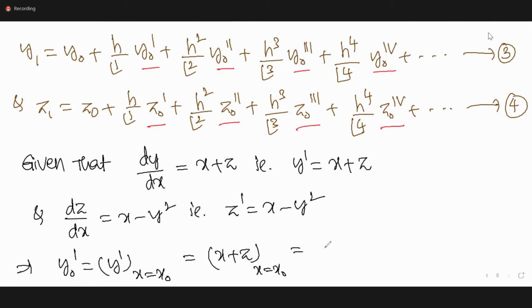That means this becomes x naught plus z naught. What is x naught value? X naught is 0, z naught is 1. So y naught dash is equal to 1.